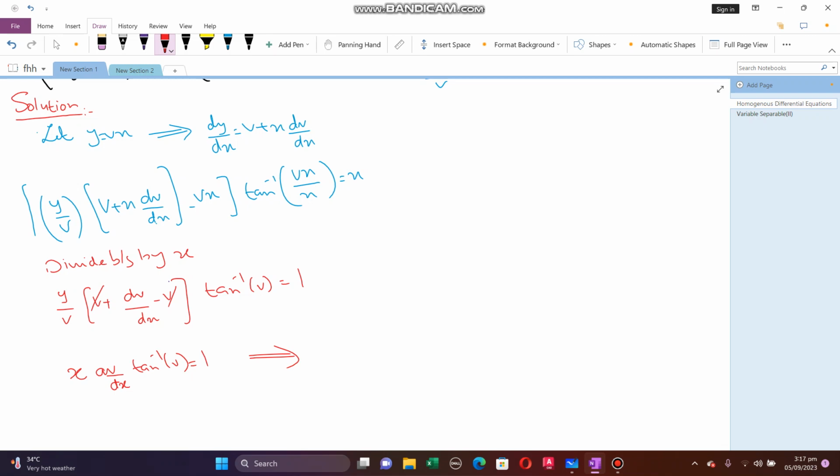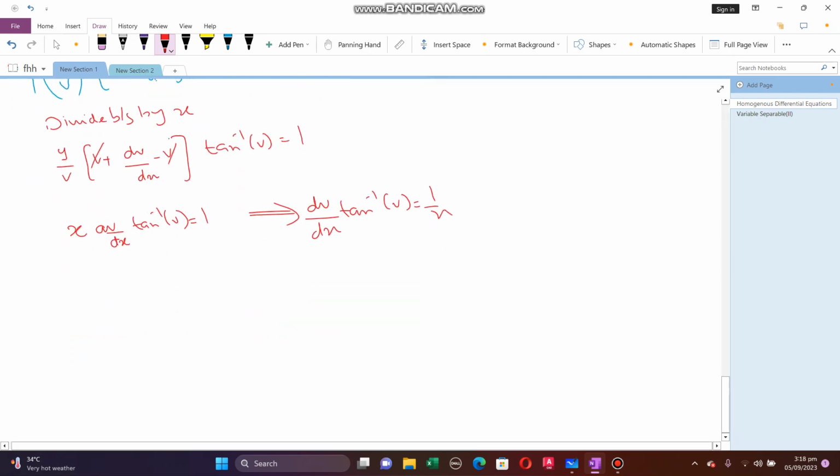This x is going to move towards the right hand side, so dv by dx tan inverse of v is equal to 1 over x. Now this dx is going to move to this side, so we yield tan inverse v dv is equal to 1 by x dx.